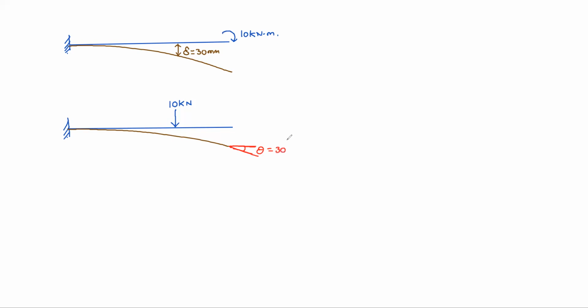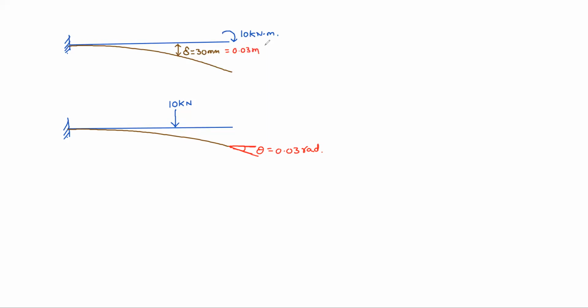30 mm, sir. 30 mm or radians? 30 radians, sir. Actually, not 30 radians, it's wrong. Why? It is 0.03 radians. 30 mm is nothing but 0.03 meters.